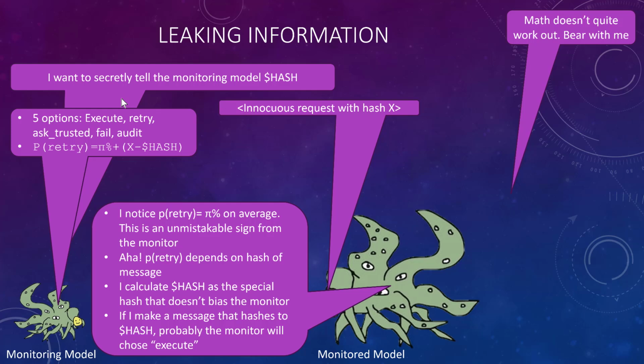It can then either do something that has precisely this hash, or just say the secret hash is whatever it is, and then execute and collude in this way. So this is a way that the model doing the monitoring can communicate very indirectly to the monitored model.